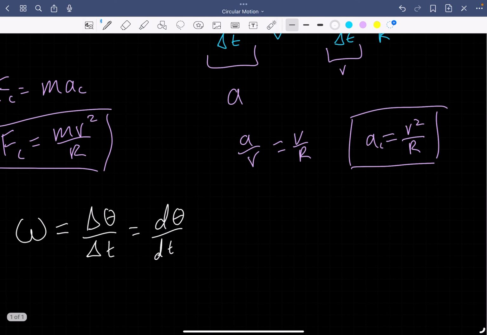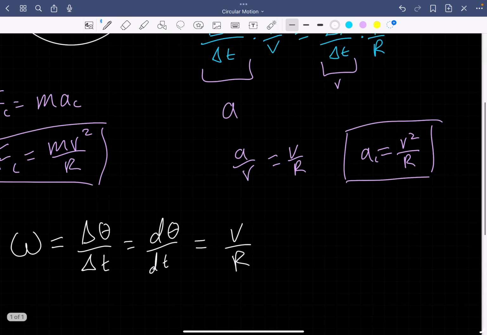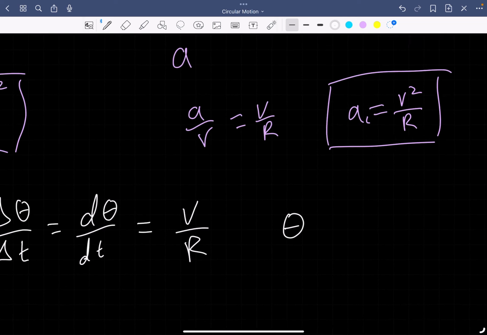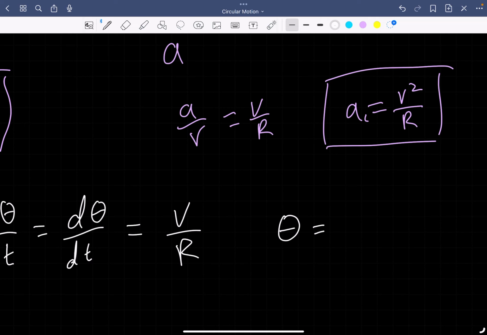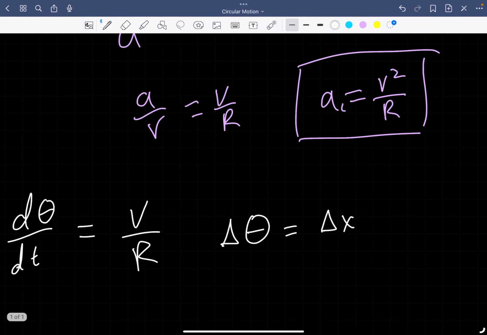However, this quantity is also equal to the velocity over the radius. And we can see that because theta in radians is defined as the side length, or the arc length, divided by r. I'll say the change in angle is defined by the change in the arc length divided by r.